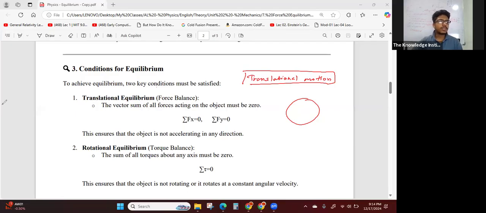Okay, so the translational motion you write as there will be a change in displacement of the center of mass. You can write these things down in your notebook because it's not there here. Change in displacement of the center of mass of the body or object.